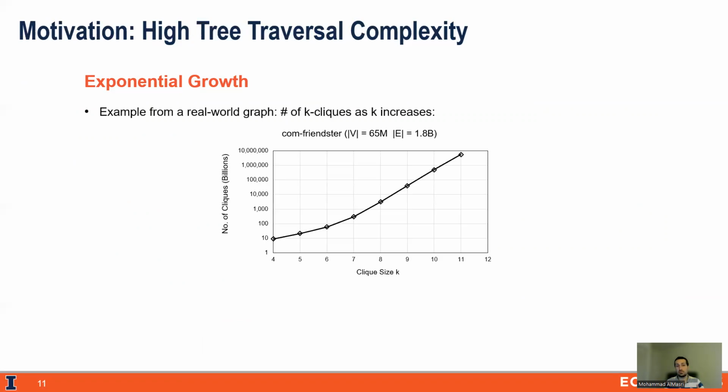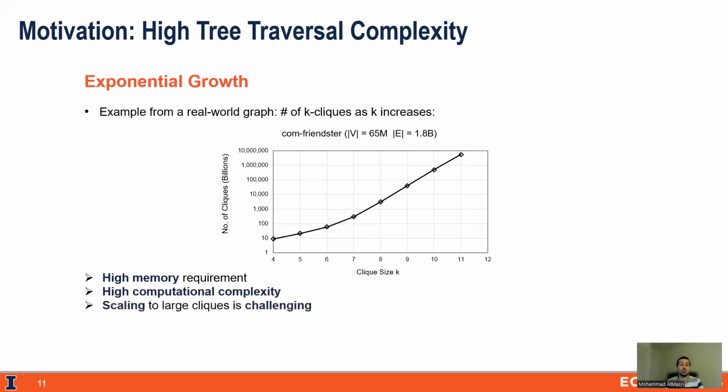For example, here I'm showing a real-world graph with 1.8 billion edges, and a log-scale figure that shows the number of cliques we find as the clique size increases. As you can see, this exponential growth has high memory requirements and high computational complexity, and scaling to large cliques is really challenging.